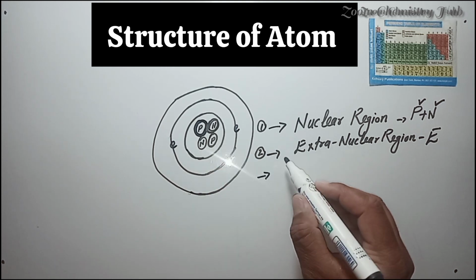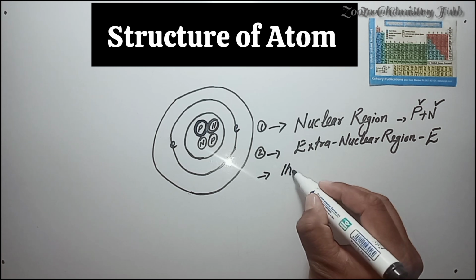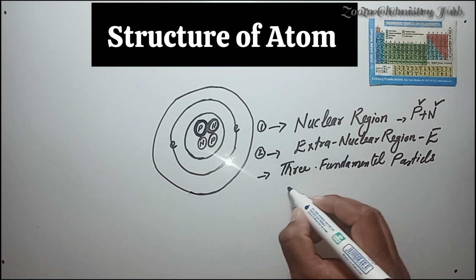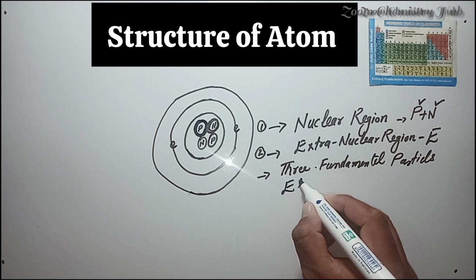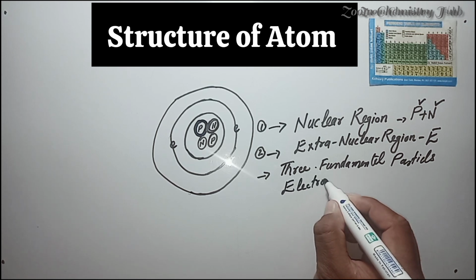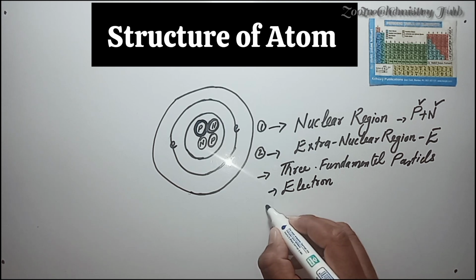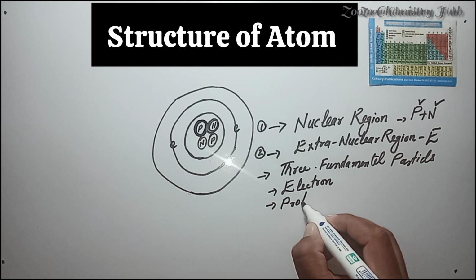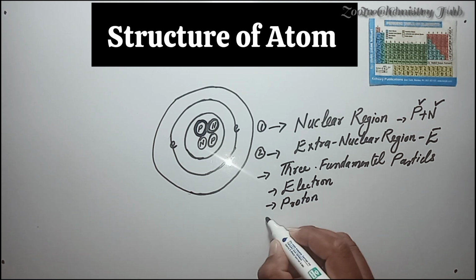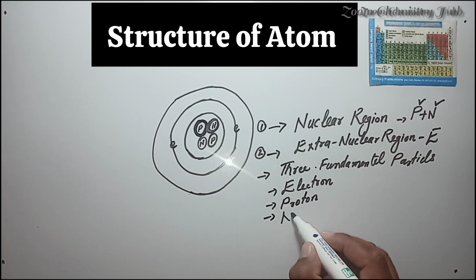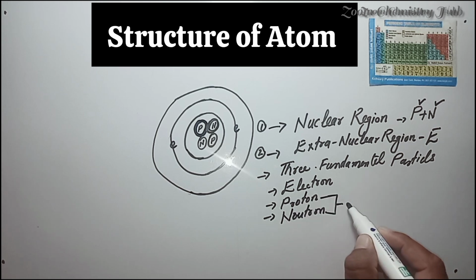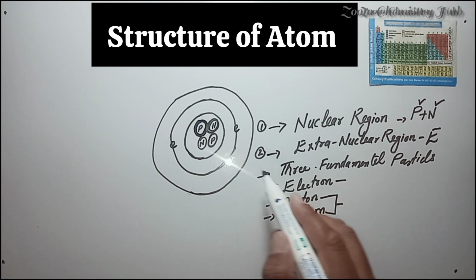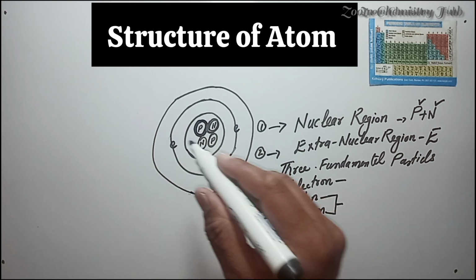As we know, there are three fundamental particles: electron, proton and neutron. Electrons are present outside the nucleus in the circle.